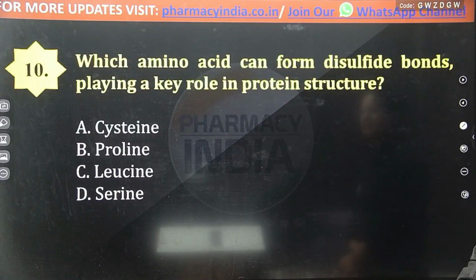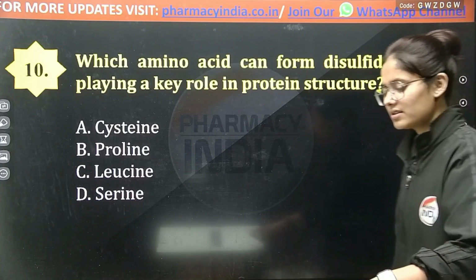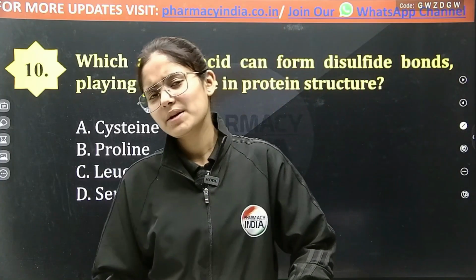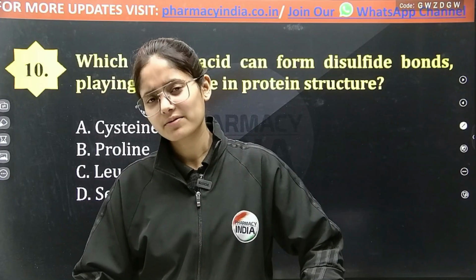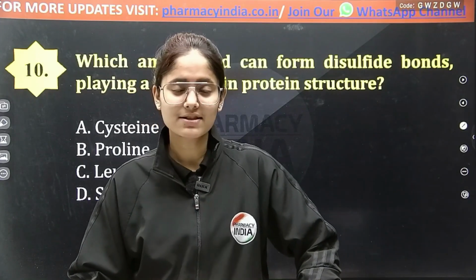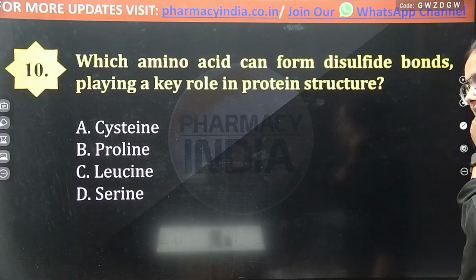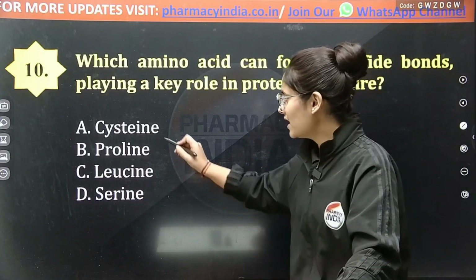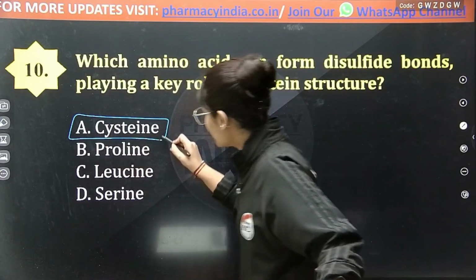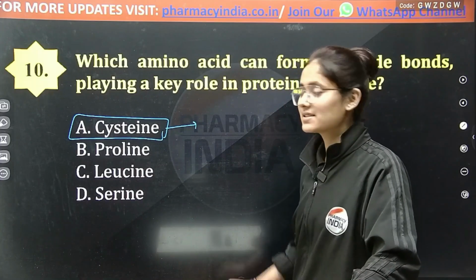Which amino acid can form disulfide bonds, playing a key role in protein synthesis? Obviously, those amino acids which contain sulfur in their side chain. If we talk about the options, cysteine, proline, leucine and serine, there is only one amino acid which contains sulfur in its side chain.